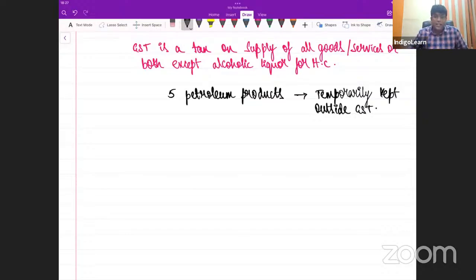It's a tax on supply of all goods or services or both, except alcohol liquor for human consumption. And there are 5 petroleum products which have been temporarily kept outside GST. What are they? Petroleum crude, high-speed diesel, motor spirit, natural gas, and aviation turbine fuel.